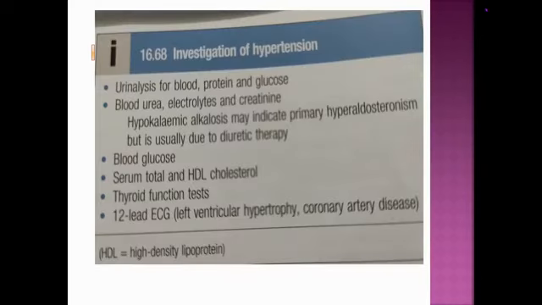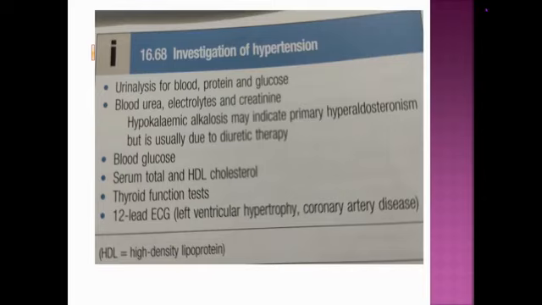What are the baseline investigations we shall do for all patients diagnosed as hypertensive? Urine routine exam for blood, protein, and glucose. Usually, normal urine does not contain blood. If there are RBCs, it indicates there is some problem in the glomerular basement membrane. The patient may suffer from glomerulonephritis.